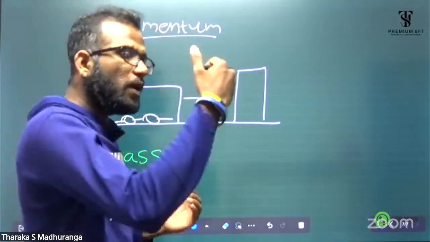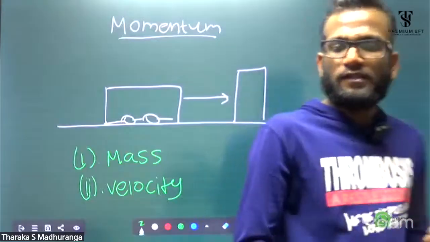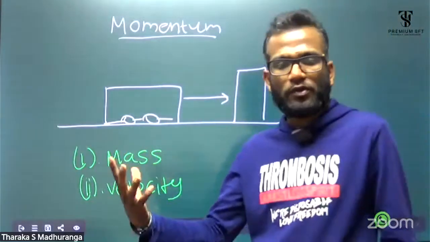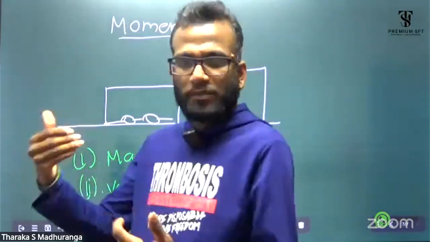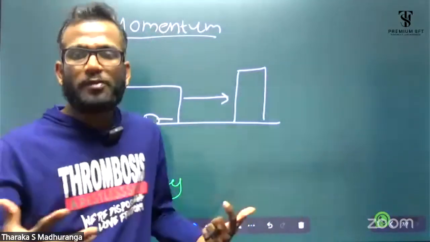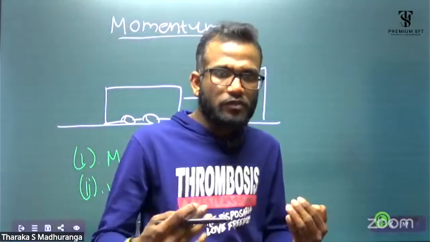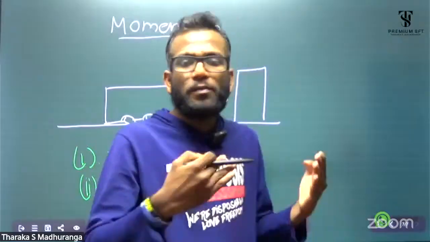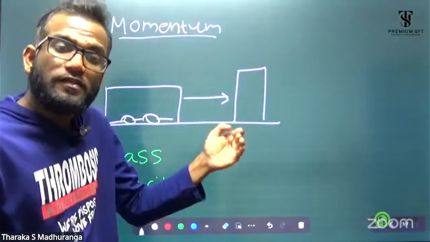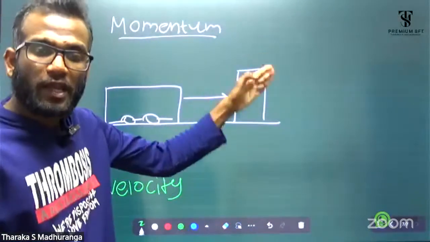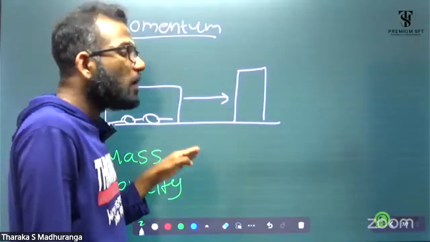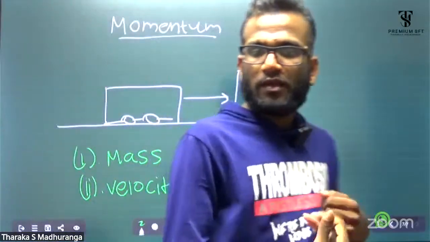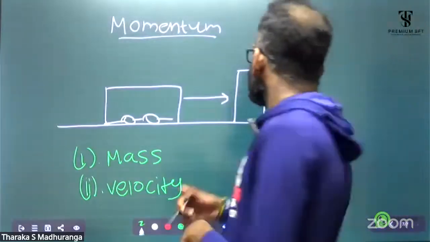When the mass increases, the momentum increases: the reluctance to change the motion type. The reluctance to stop a moving object is greater with higher mass objects.